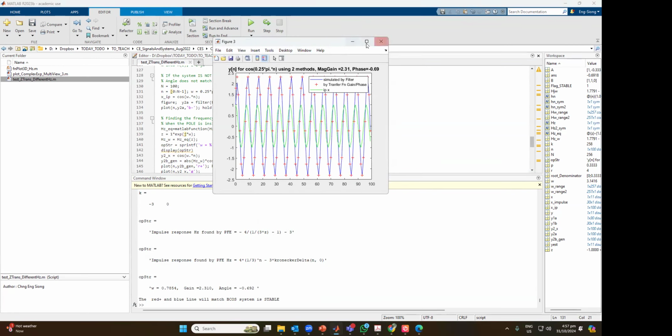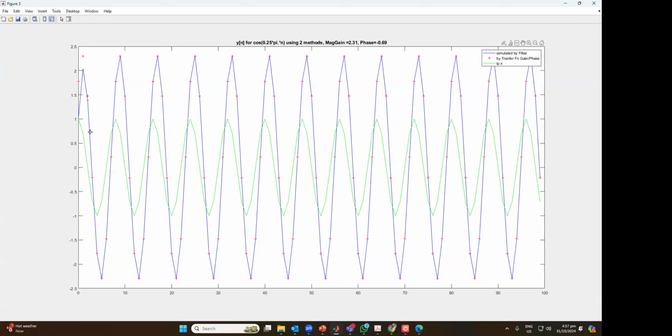Throw away all this. There. The green is the input. The blue is the output. The gain is 2.31. Phase is minus 0.69. So again, in the front few samples they were wrong, but after a while they all converge. So this looks good. Now, this looks very poor because every sample I'm moving by 0.25 pi.